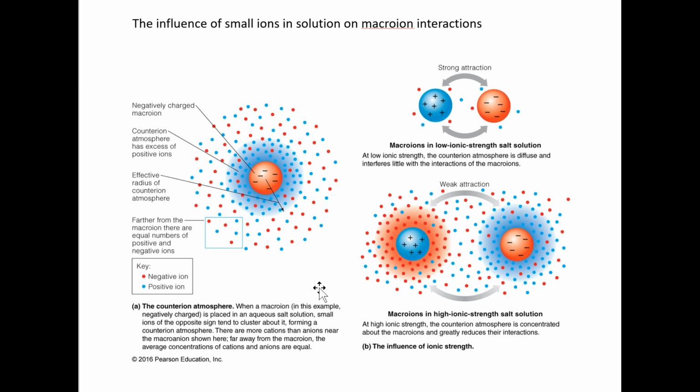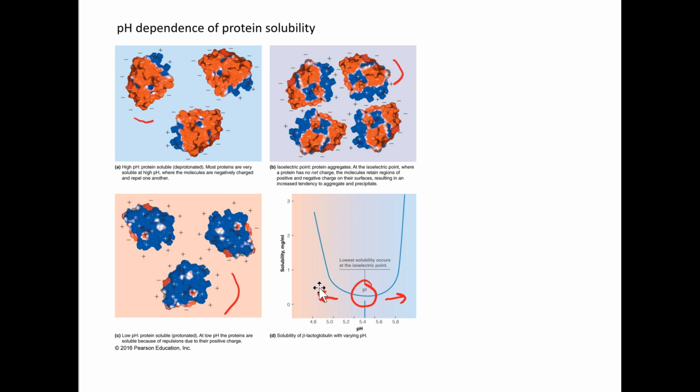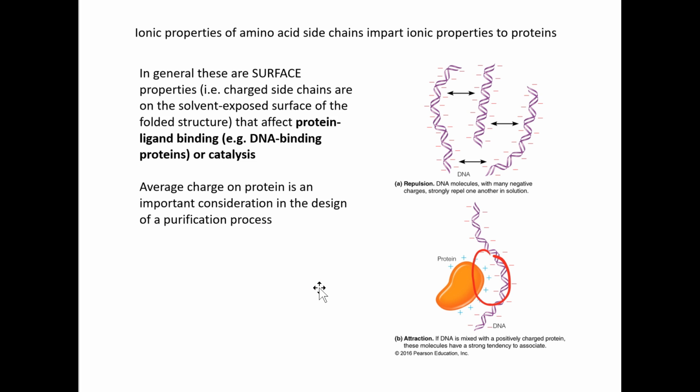So here we have one of our last slides, the influence of small ions in solution on macro ion interactions. Let me go back up here. Here we can look at a couple of macro ions, where we have our protein, which has all this positive charge, and that allows it to interact on a macroscopic scale with the negative charges on the DNA.